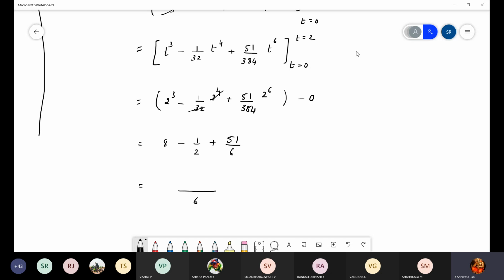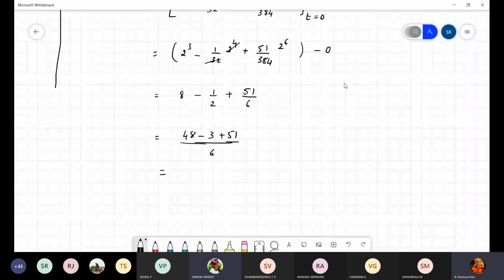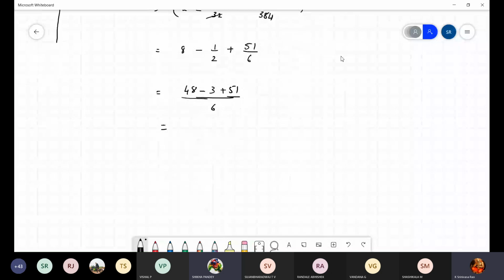You will get 1 6 is 8 6 is 48, minus 3 plus 51. Final answer: 96 by 6, which equals 16. So the total work done, the integral of F dot dr, is equal to 16 joule. That's it.